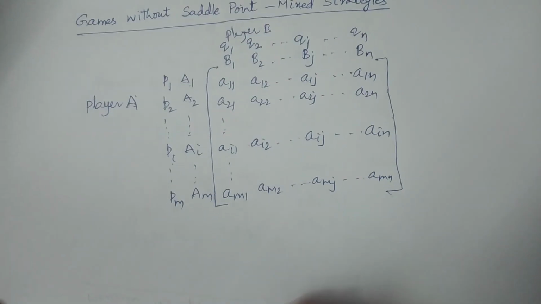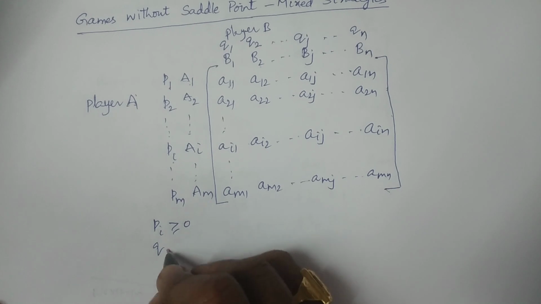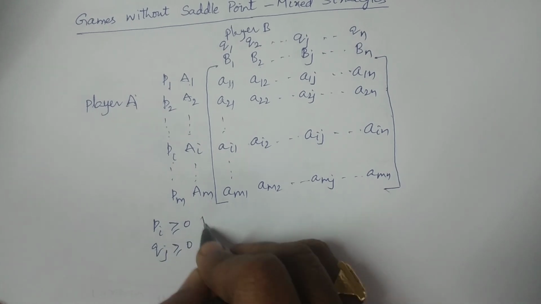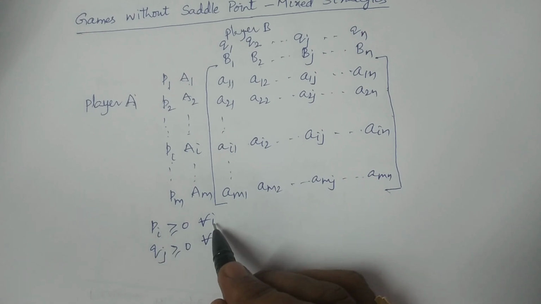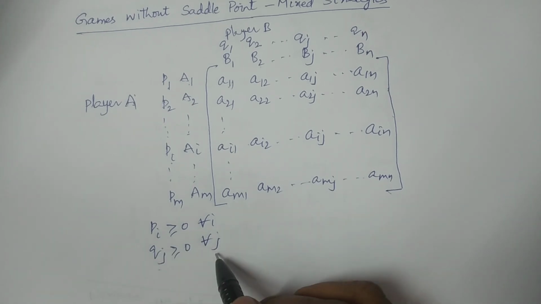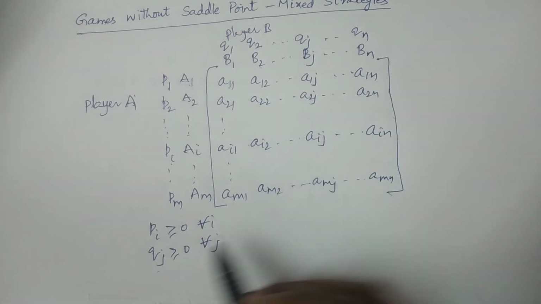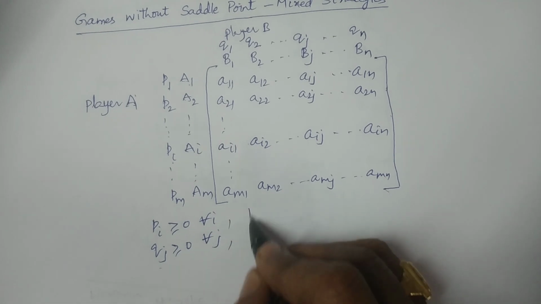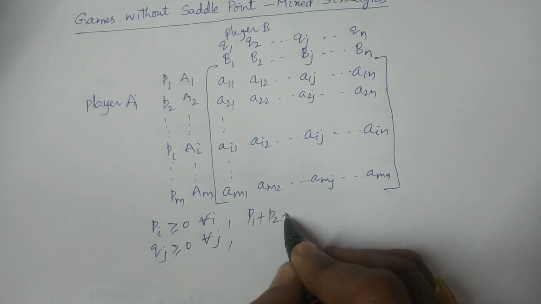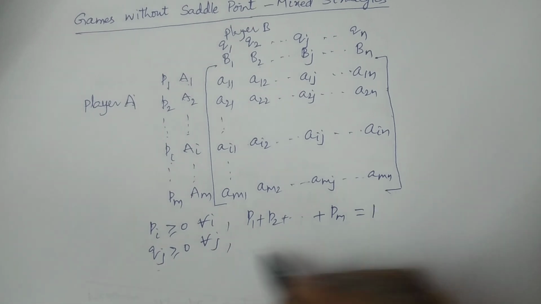Where pi is greater than or equal to 0 and qj is greater than or equal to 0, for all i and for all j. That is, for i is equal to 1 to m and j is equal to 1 to n, all probabilities must be greater than or equal to 0. And also p1 plus p2 plus and so on plus pm, if you add all probabilities, you should get 1.